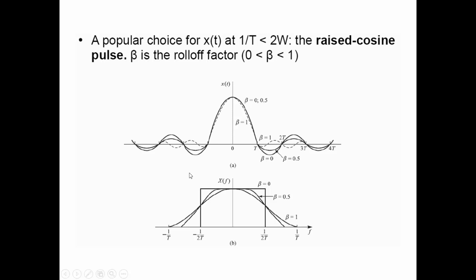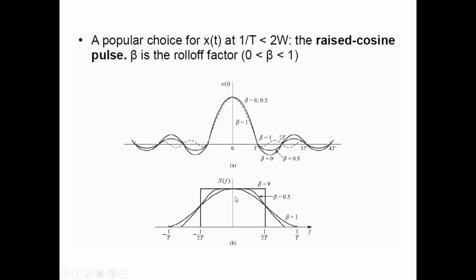Now, this is one pulse only, which is a rectangular pulse, but due to the channel impairments, if we choose beta equal to 0, we may not get this particular rectangular shape.